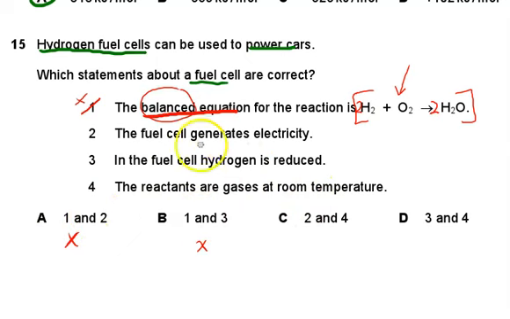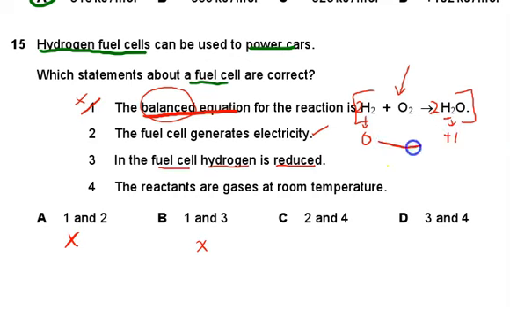Now the fuel cell generates electricity, yes, is correct. In a fuel cell, hydrogen is being reduced. So if you look at here, the oxidation number for this hydrogen is 0, and here will be a positive 1 for each.